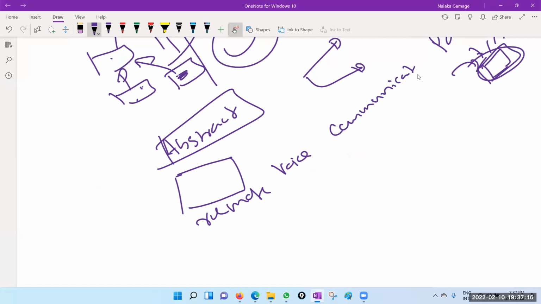So the very traditional phone. So then what are the functionalities we expect? Of course, we must be able to convert our voice into some sort of signal and send it to the other side. And on the other side, that signal must be converted back to an audio signal.